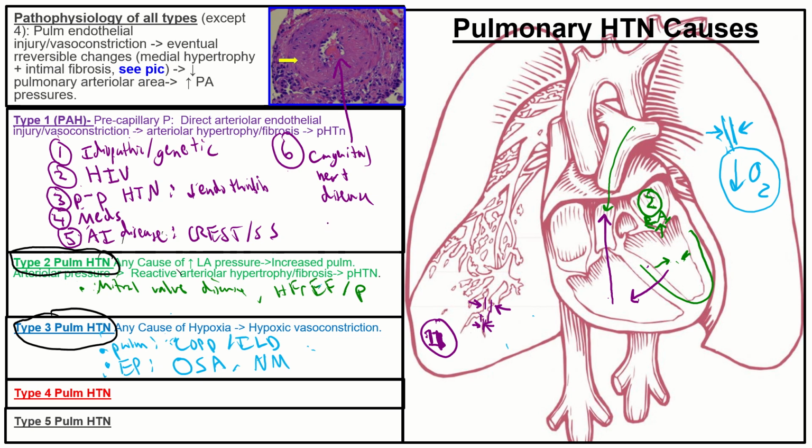And lastly, we're going to talk about type 4 pulmonary hypertension. So which one is this? So type 4 is going to be chronic thromboembolic disease. So these patients should, in most cases, have had some sort of PE before.